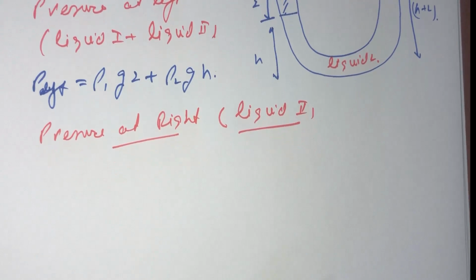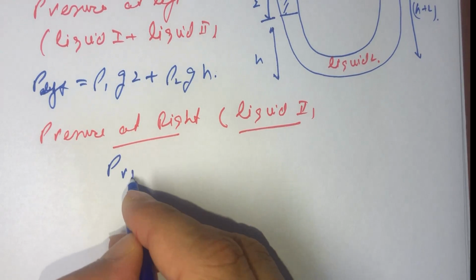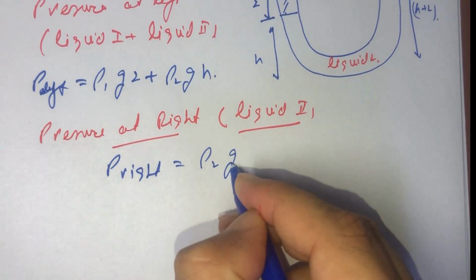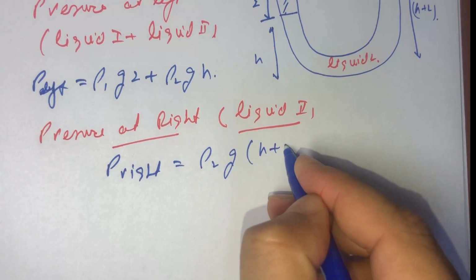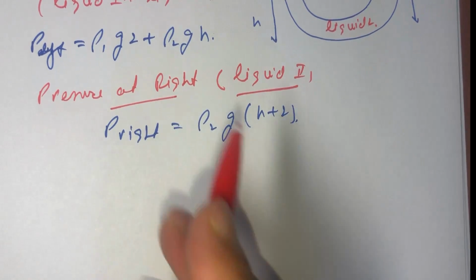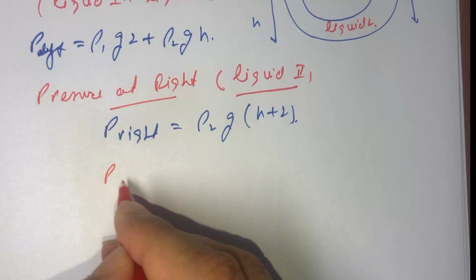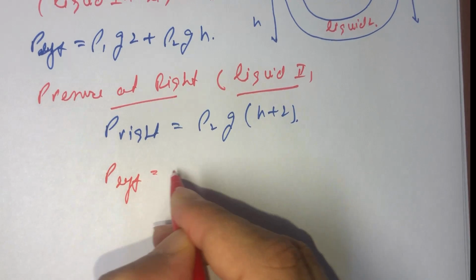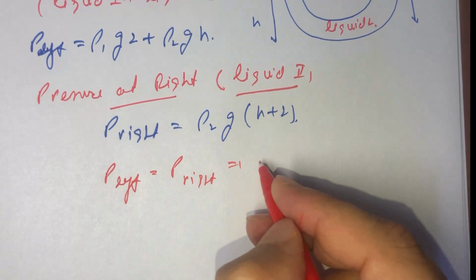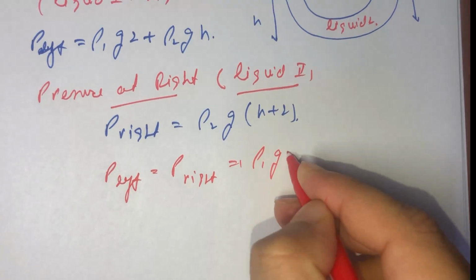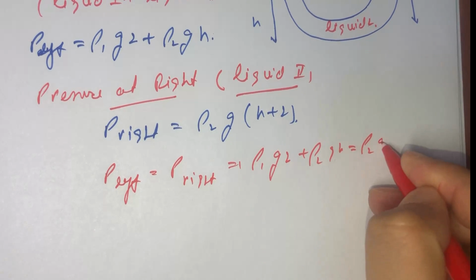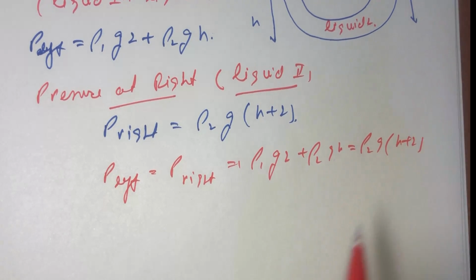So we can say P right is equal to density rho 2 g and height is H plus 2. So pressure on the left is equal to pressure on the right. We can say P left is equal to P right. Substituting values, we get rho 1 g 2 plus rho 2 g H is equal to rho 2 g (H plus 2).